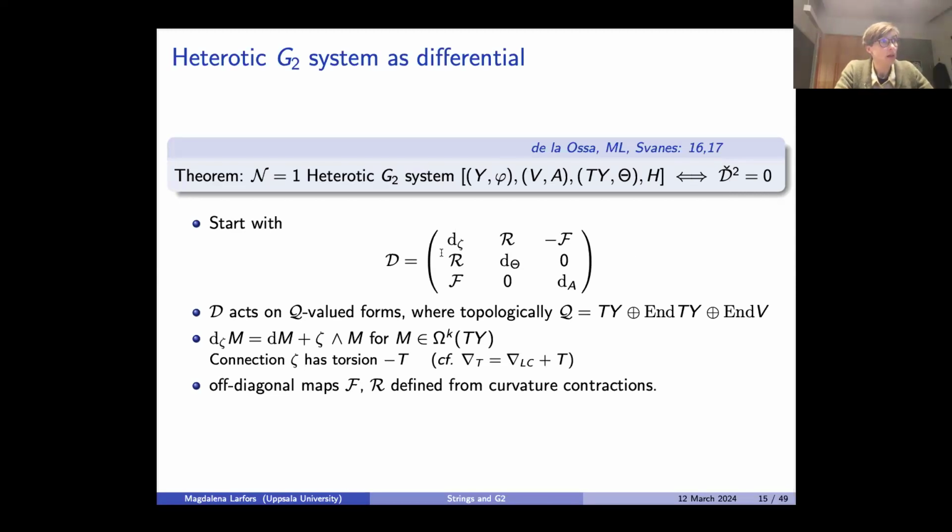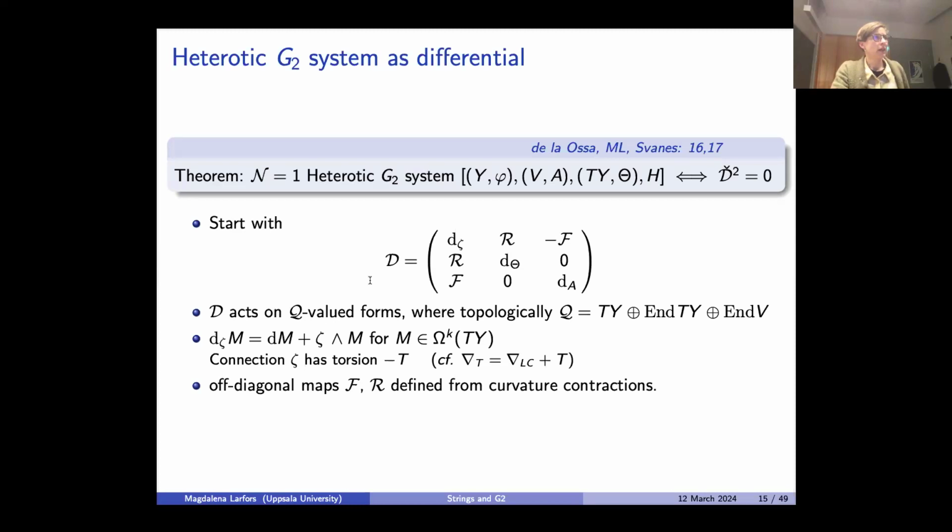This operator is defined in this way here. So we have the two differentials, d theta and d A, from the two bundles. Then we have a new connection here, zeta, which is related to the connection with the unique and symmetric torsion by taking a minus sign here.